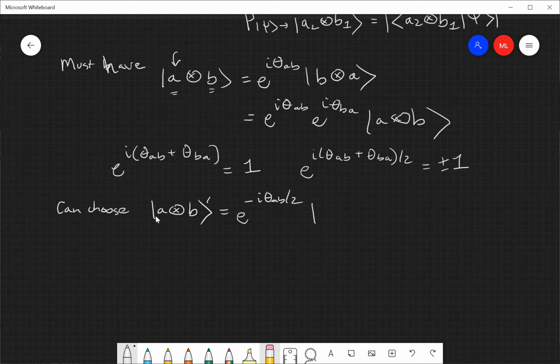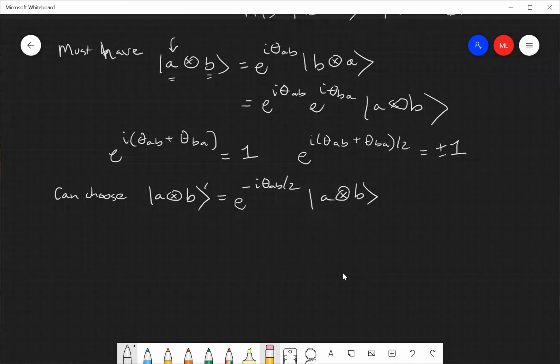So I'm going to define it as your original states multiplied by this phase factor. We're free to do this because we can define our vectors however we want up to a phase. So we can take our original vector and multiply it by this phase associated with what happens under particle exchange.